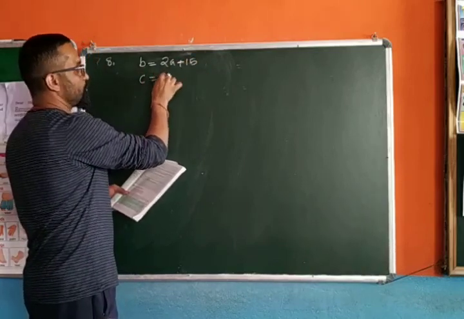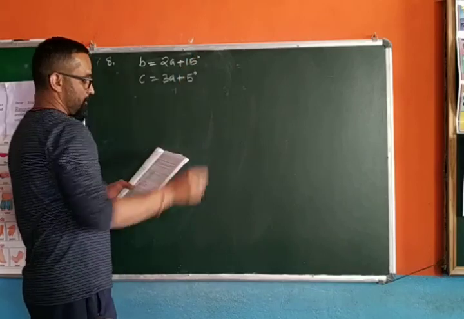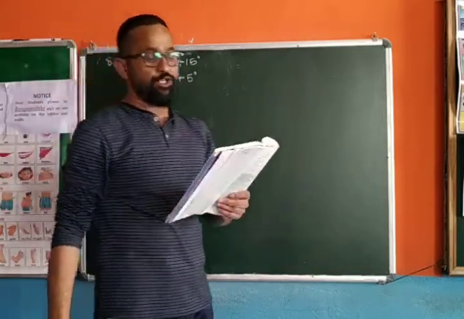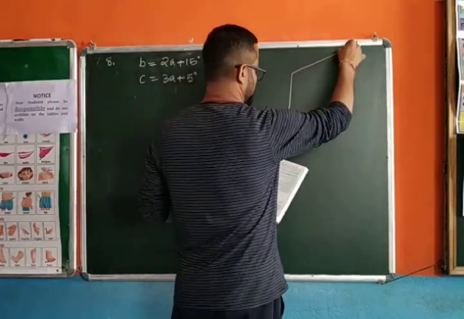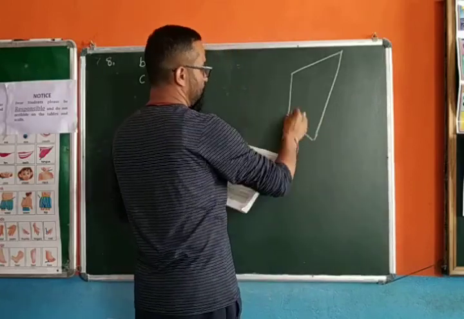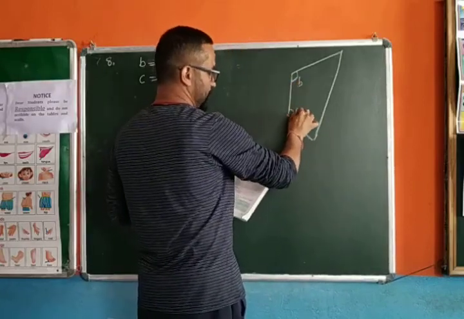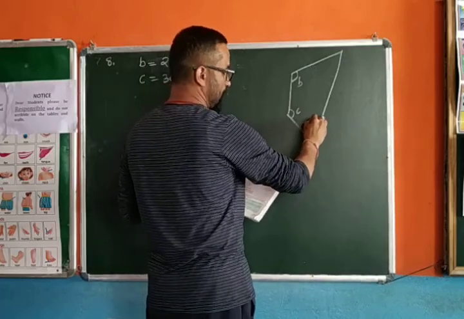C is given, 3A plus 5 degrees. Find the values of angle B and C. You have B here, C, 70 and A.